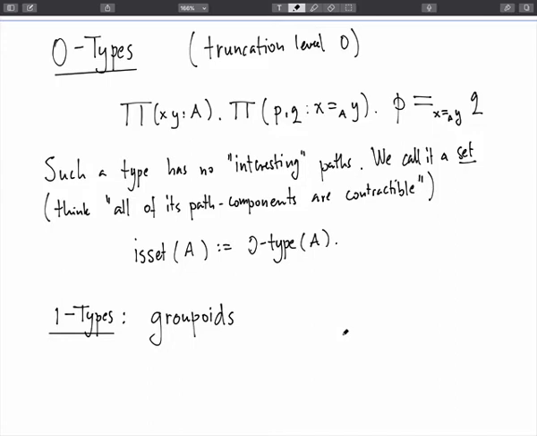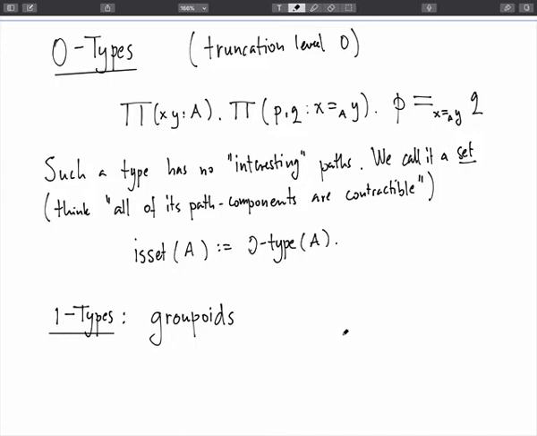And that's the meaning of the path space always being a set. There are interesting paths, but there aren't any interesting homotopies between paths. That's how you could think of a groupoid.